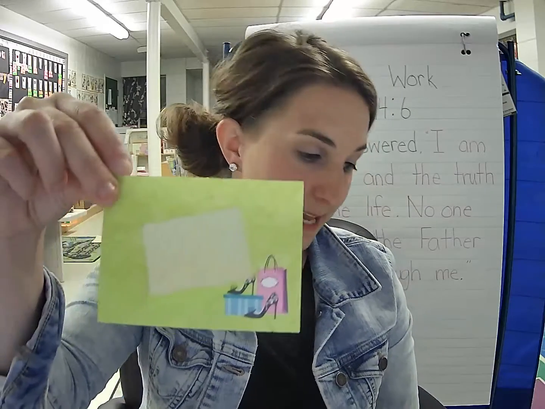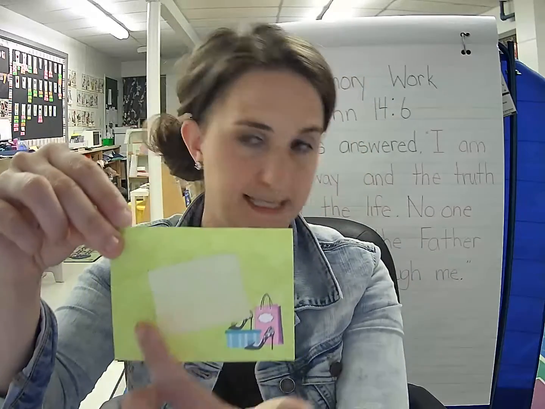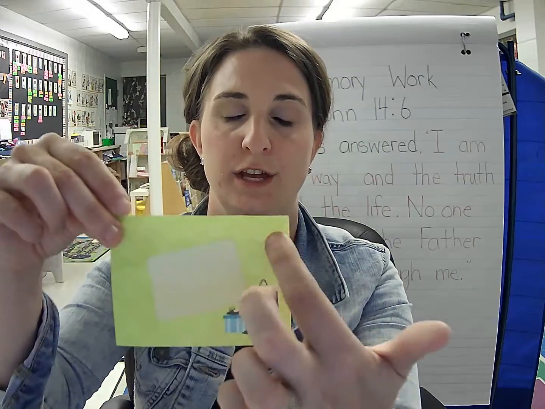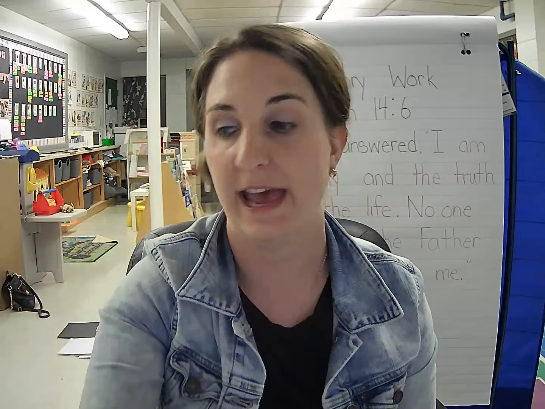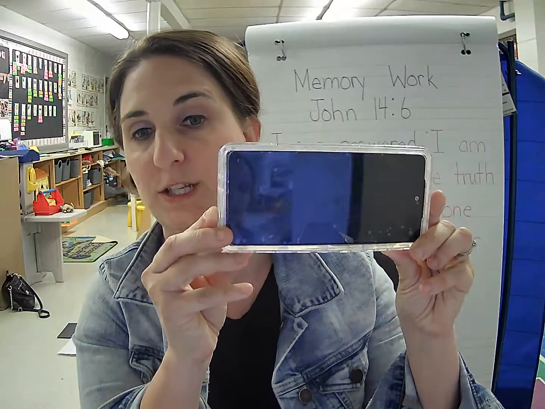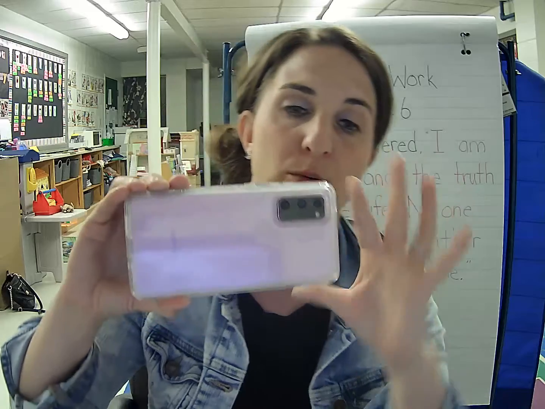So measuring area is the space inside the note, or the space inside of what you are measuring. So I have my phone right here. If I wanted to measure the area of my phone, I would measure inside of the phone.